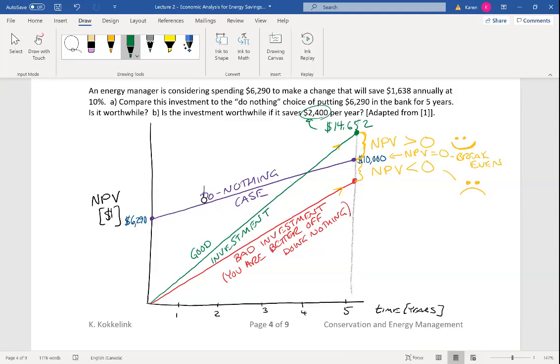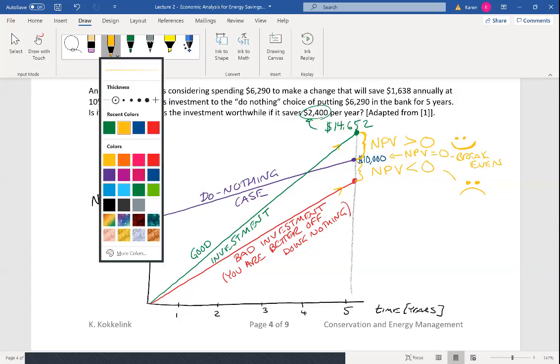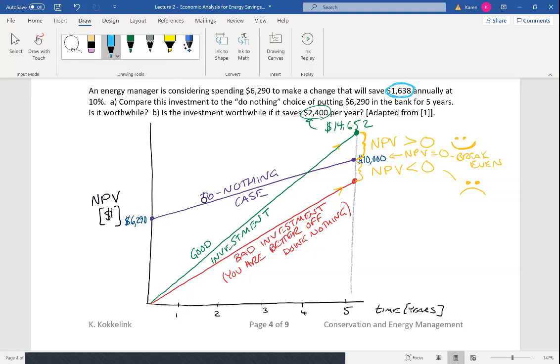But in this case, it actually just breaks even at, let's see, I'll do a different color here. This light blue, this case where you're only saving 1,683 a year is actually, the answer is it exactly breaks even.